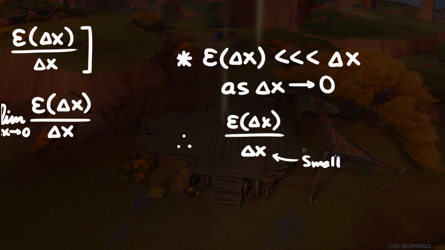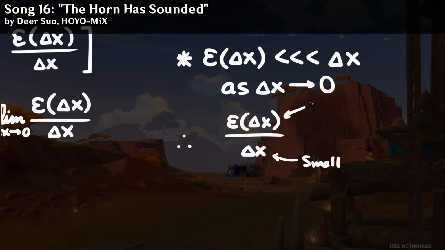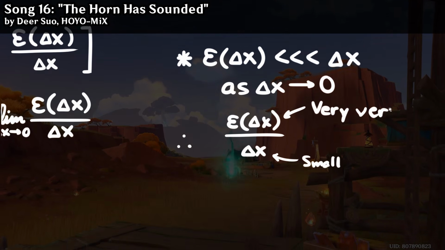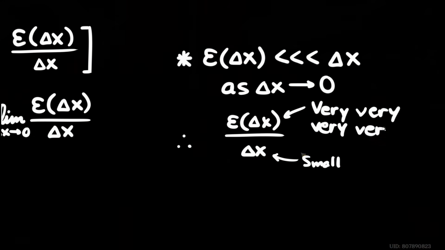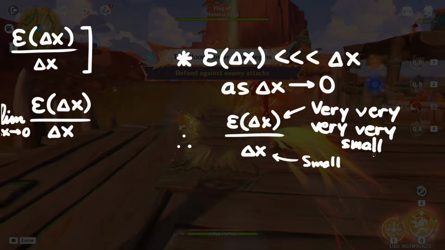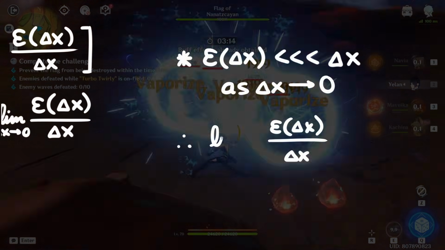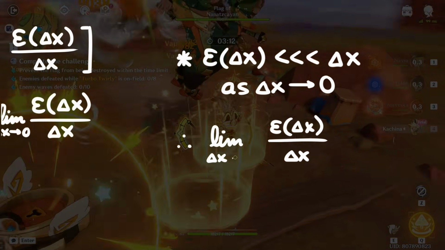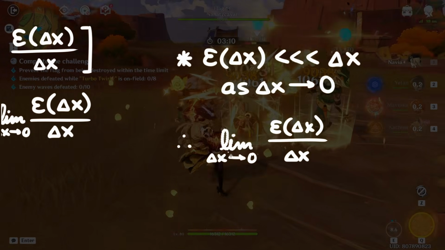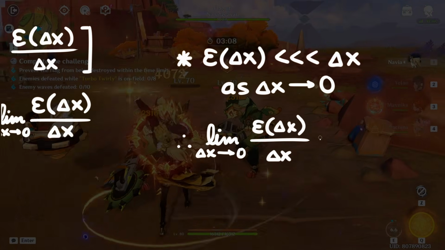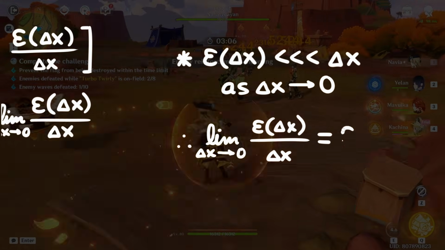When you have a super extremely small number divided by a normally small number, the result will be approximately 0. This holds even more the closer delta x is to 0, so all of this is to say that the limit of epsilon of delta x divided by delta x as delta x approaches 0 is 0.